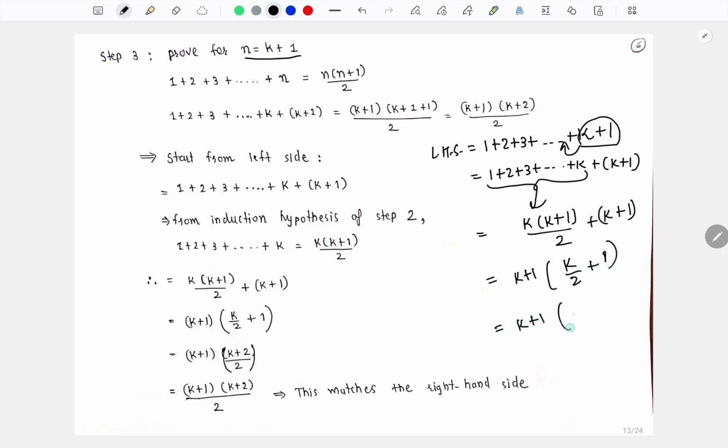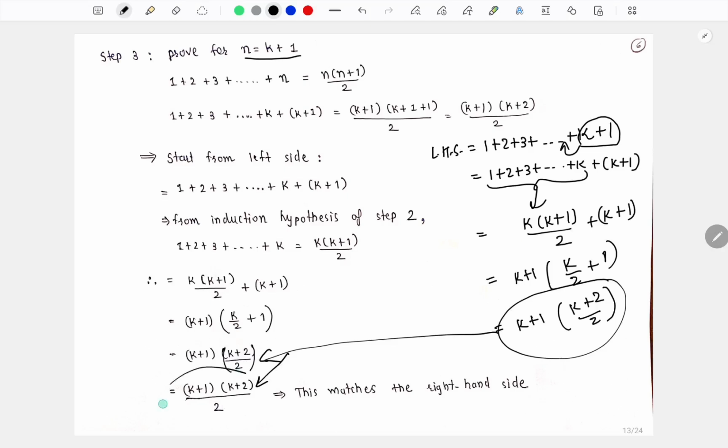K plus 1, k plus 2 divided by 2. If we simplify this, we will get k plus 1 into k plus 2 divided by 2. This is the left hand side we are getting.